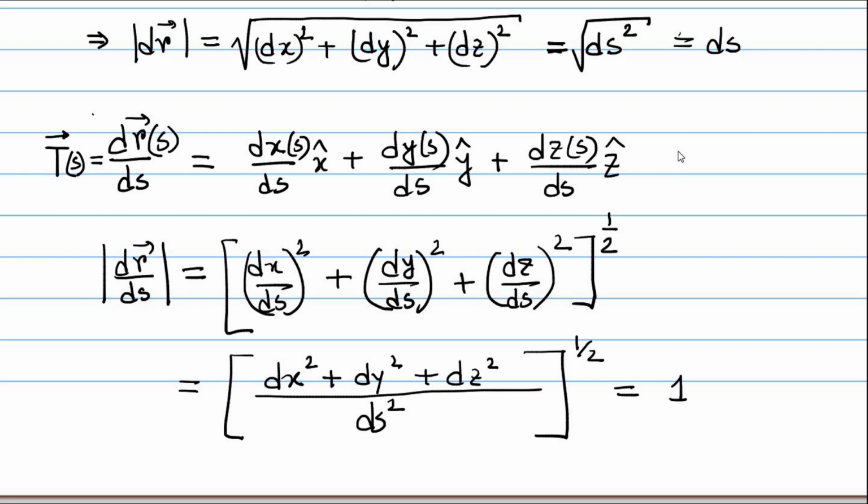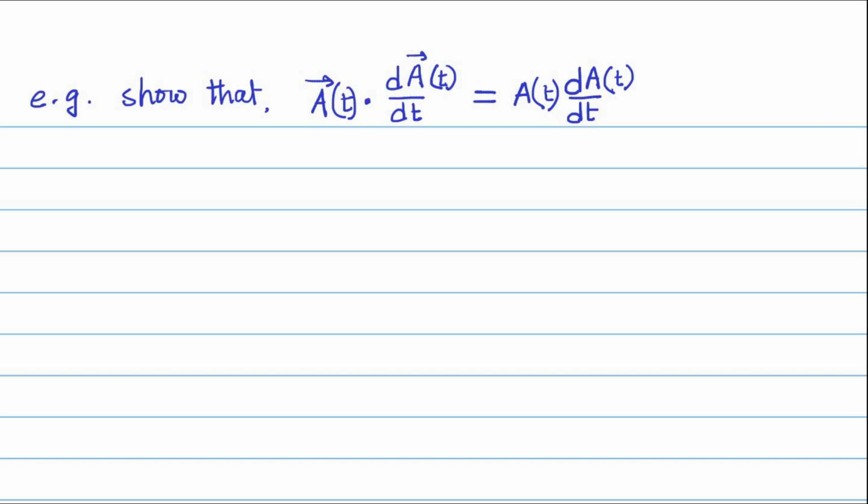Another application we'll be seeing would be proving an identity. So this would be the identity we set out to prove next. What this tells us is that for a vector valued function of a single variable, A of t, where A is the vector valued function and t is the single scalar variable, A of t dotted with its derivative is the same as the magnitude of A of t times the magnitude of the derivative of A of t.